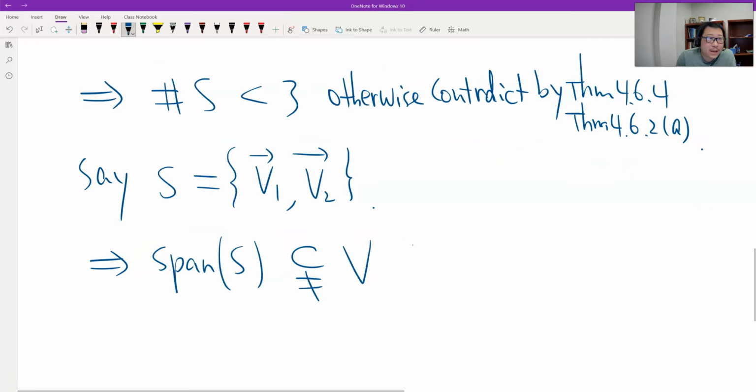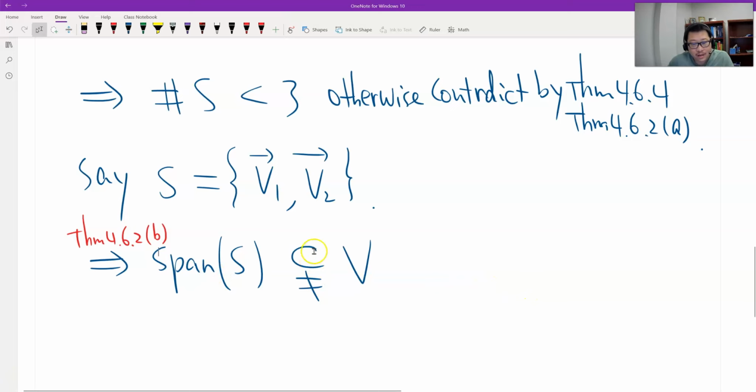By the theorem 4.6.2b, the span of S should not be equal to the whole space, because the whole space has dimension 3. Now in S we only have 2 vectors, and the number of vectors is less than 3, so the span should not equal the whole space.